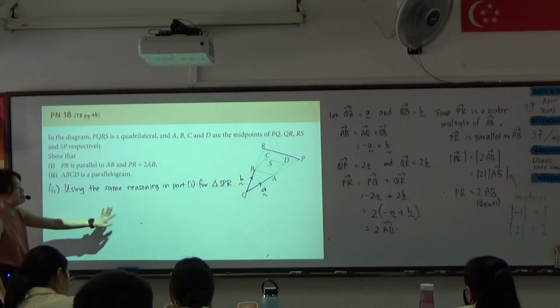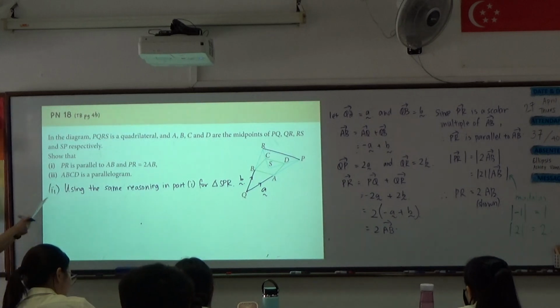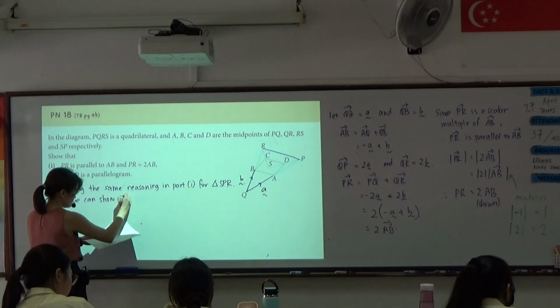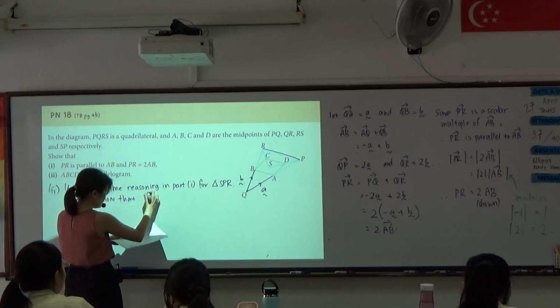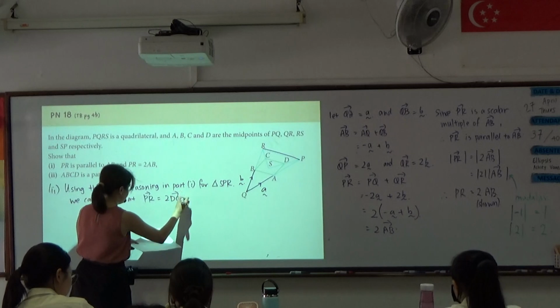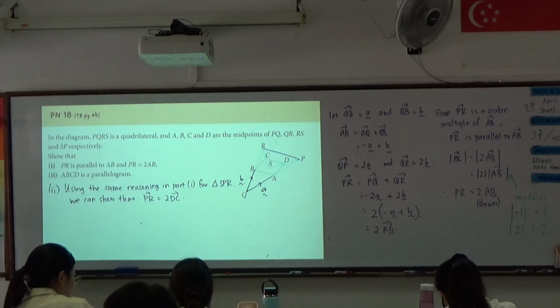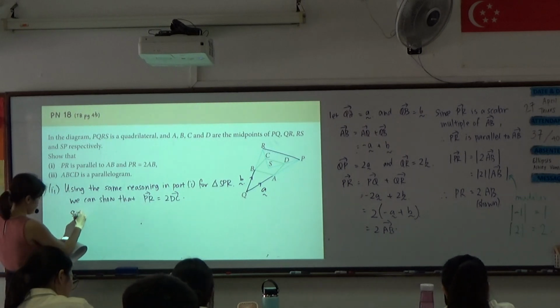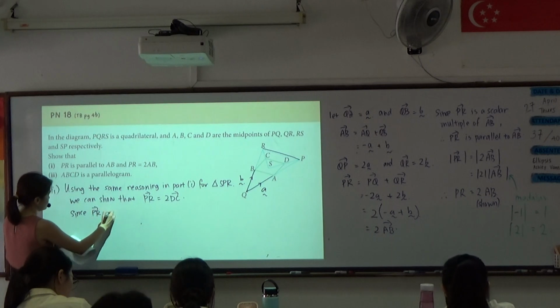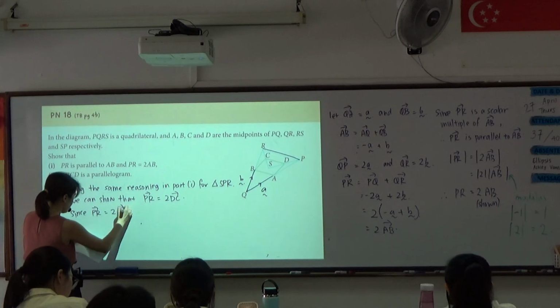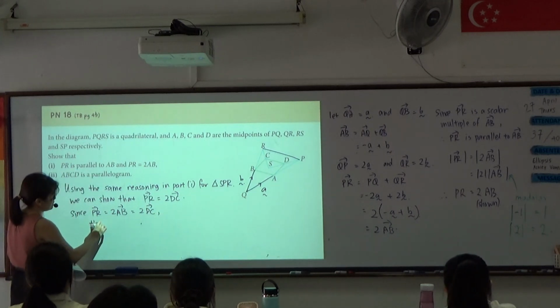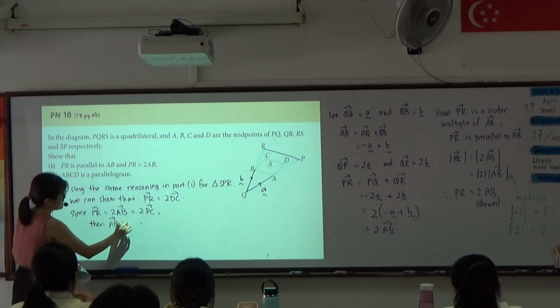So using the same reasoning in part I for triangle SPR, we can show that PR equals 2DC. Okay, then since PR equals 2AD equals 2DC, then AB must be equal to DC.